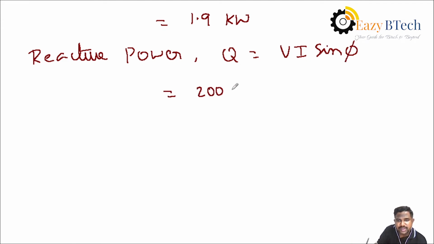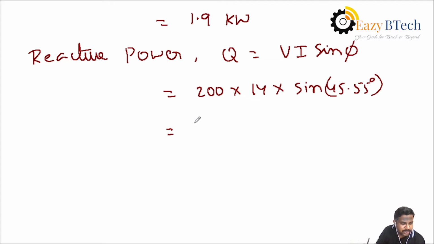We know the value of V is 200, the value of I is 14, hence the value of sine, that is sine of 45.55 degrees. You can simplify, the value is the same, that is 1.99 kVAR. The unit of reactive power is kVAR, kilo volt ampere reactive.